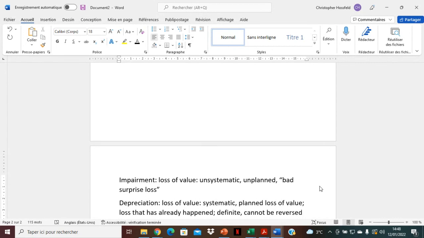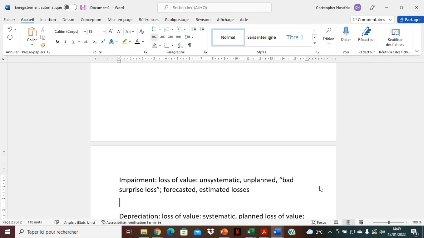Okay, impairment losses. Why do I account for impairment losses? Here it's a different story. Here we account for forecasted losses. Since they are forecasted, they are estimated. In other words, something bad happens in 22.